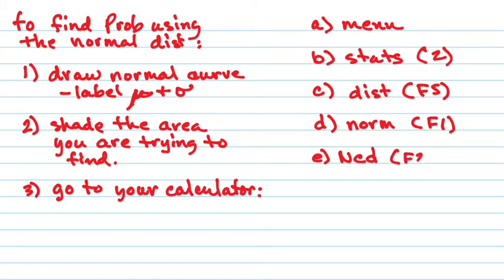So F2. Once you do that, you're going to be given 2 more options, either list or variable. You must be in variable, because remember, we're not using that list of values. We're using X, some unknown, our variable. Okay? So you have to change that to variable. So you're just going to hit F2 there.